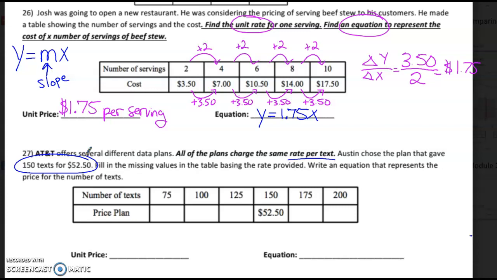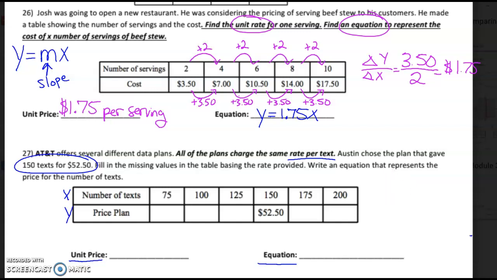So we need to figure out the unit rate, and then we also need to figure out the equation. When we look at the information provided, the number of texts is going to be our X, and the price for the plan is going to be our Y. When we're talking about rate, we're always going to have our Y, the price, over the X, the number of texts.